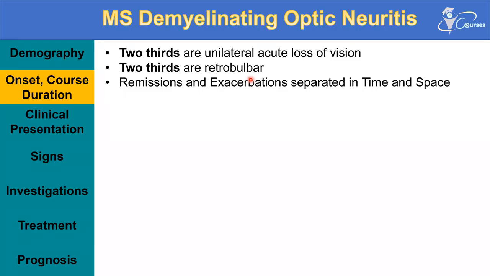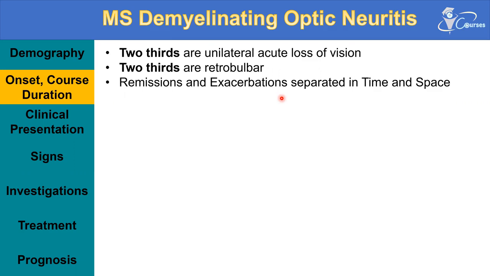So here we have words that you may read in the text and you just don't understand, that the course of the demyelination or the multiple sclerosis is remissions and exacerbations that are separated in time and space. So what does this mean?